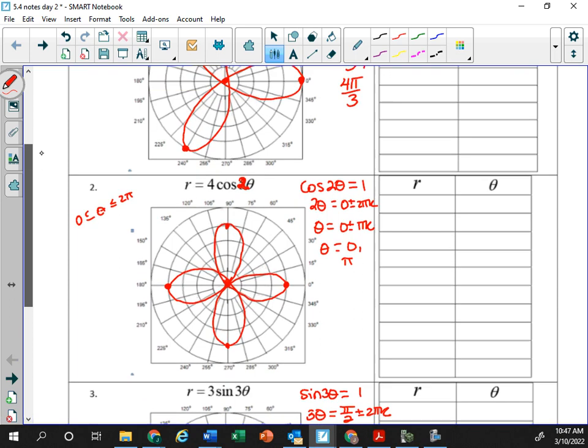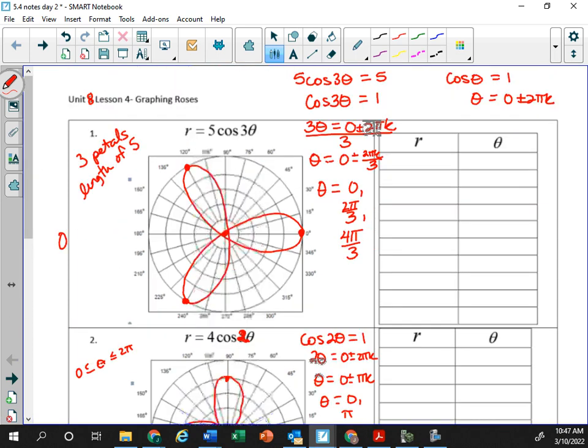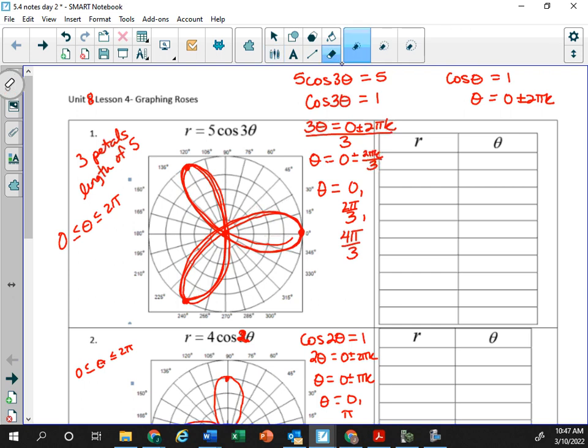With the odd ones, when we graph this from 0 to 2 pi, it goes to pi, and then it goes around a second time. So it still graphs 6 petals, but it's the same 3 petals 2 times.